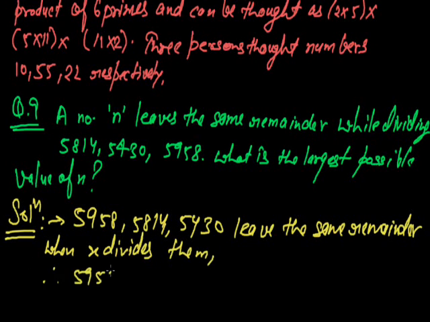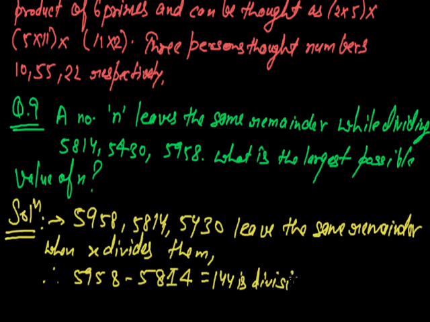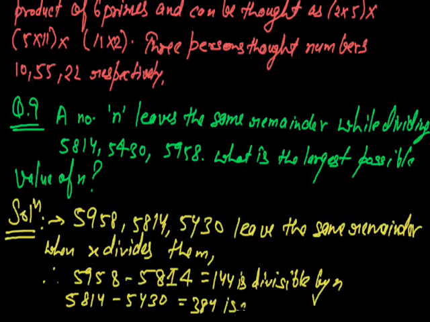so 5958 minus 5814 is equal to 144, which must be divisible by the given number n. Also 5814 minus 5430, that is equal to 384, must also be divisible by n.